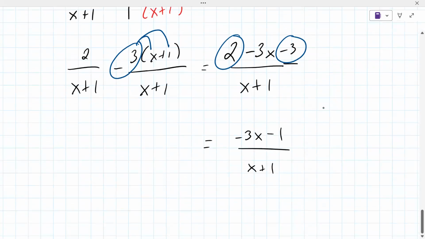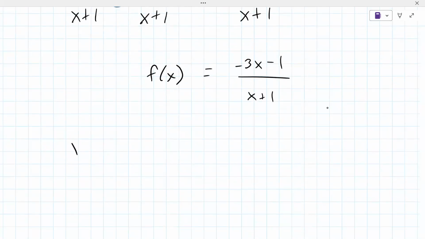Now I want you to look in your notes and tell me how you find the x-intercept. -3x minus 1 equals 0. Set it equal to 0.